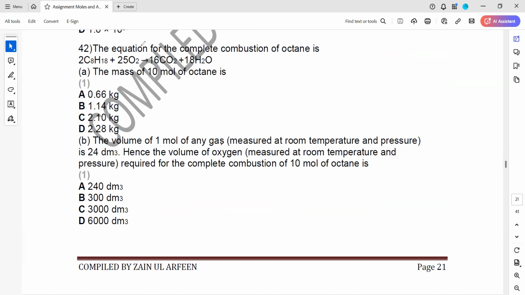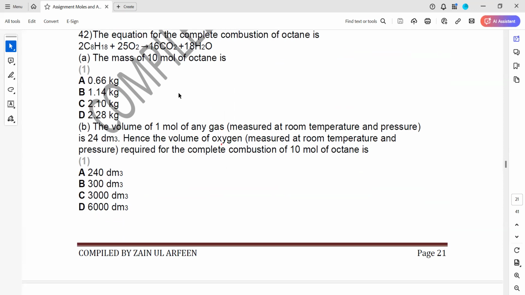The equation for a complete combustion of octane is there. The mass of 10 moles. To get the mass in gram, it is moles multiplied by the molar mass. The moles are 10. The molar mass of octane: 8 multiplied by 12 plus hydrogen 1 into 18.